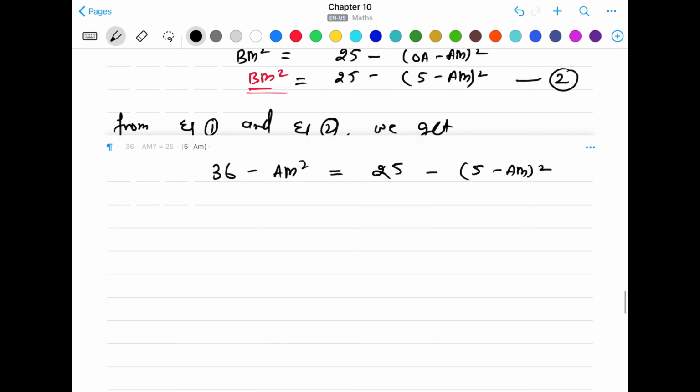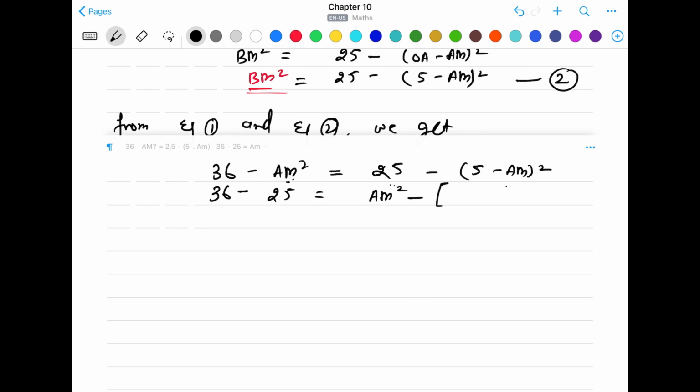What we are going to do now is shift this 25 to the other side and AM square to the other side, and expand the a minus b whole square identity here. So we have 36, this 25 will shift to this side as minus 25, and this minus AM square will shift to the other side as plus AM square.